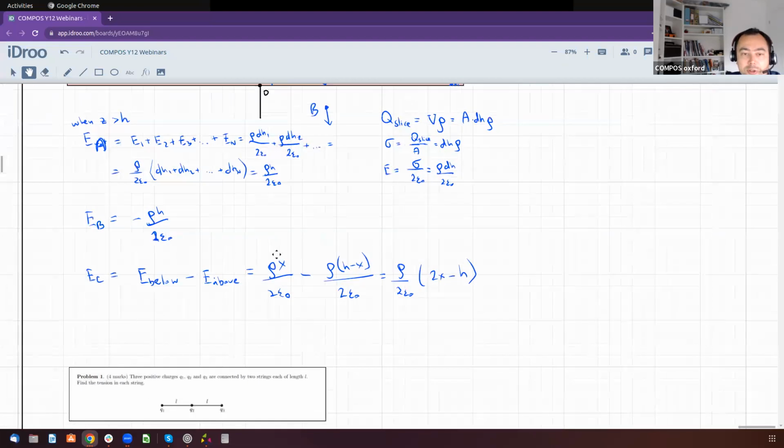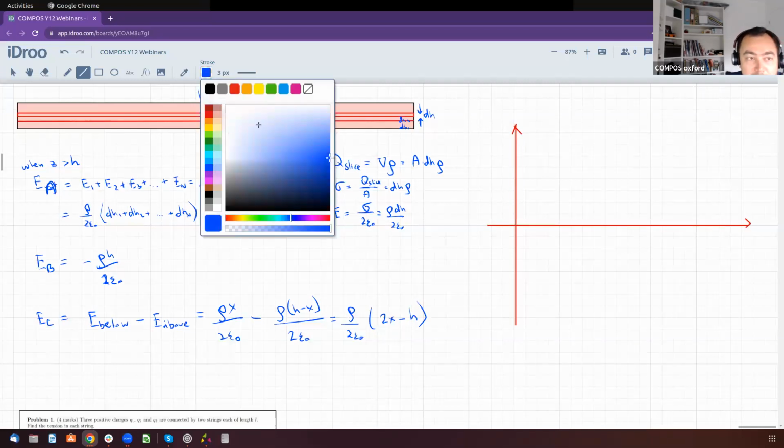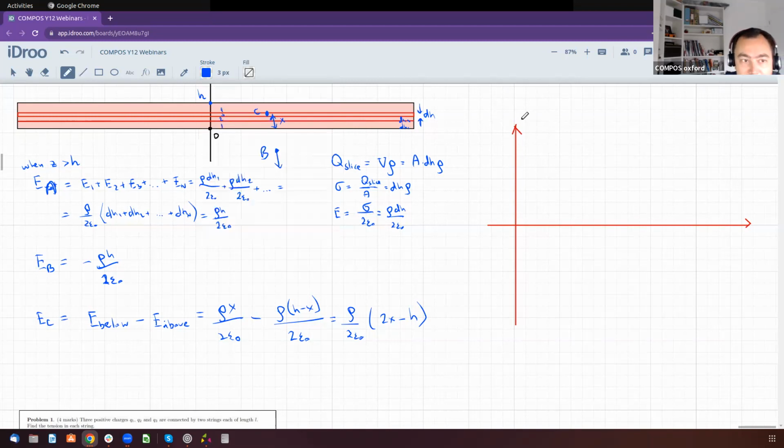Okay, and then you can draw a graph. This is very similar to one of the questions in the assignment. It's one of the optional questions, but sure, you can give it a go. So here is the z-axis, and this is the field, and up is positive, down is negative.